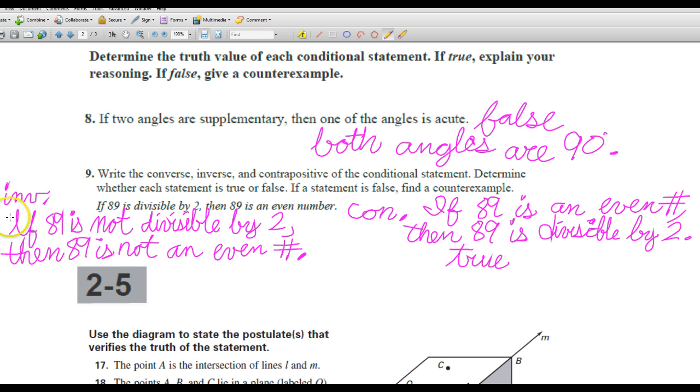So here's our inverse. If 89 is not divisible by 2, then 89 is not an even number. So is this a true statement? If 89 is not divisible by 2, okay, that is true. 89 is not divisible by 2. Then 89 is not an even number. Right, 89 is not an even number. So the hypothesis is true and the conclusion is true. So this is a true conditional statement.